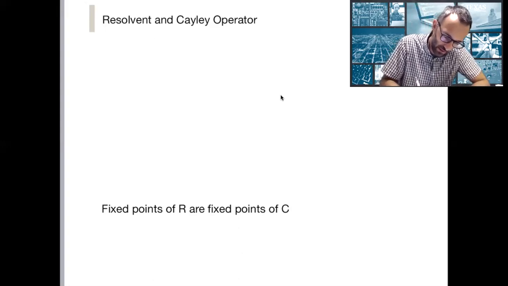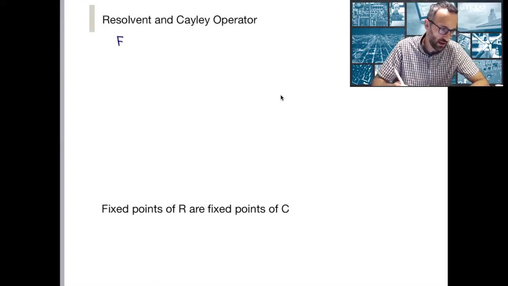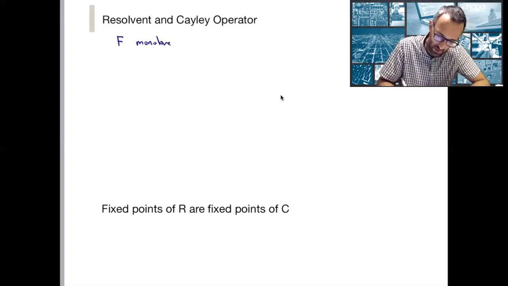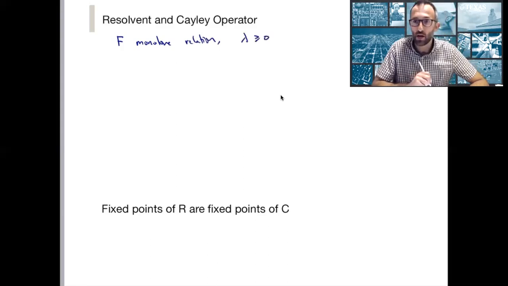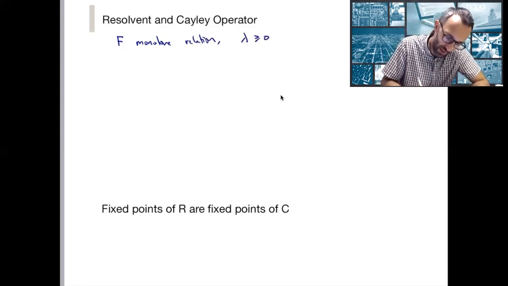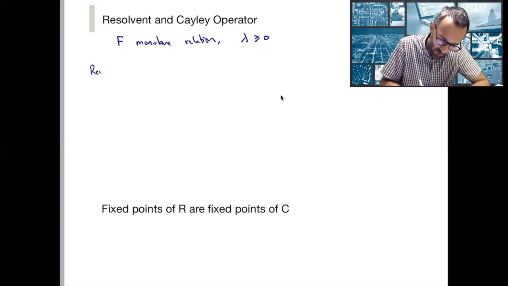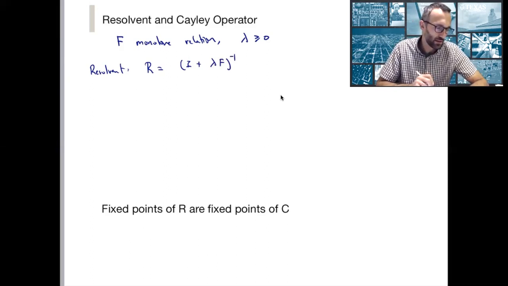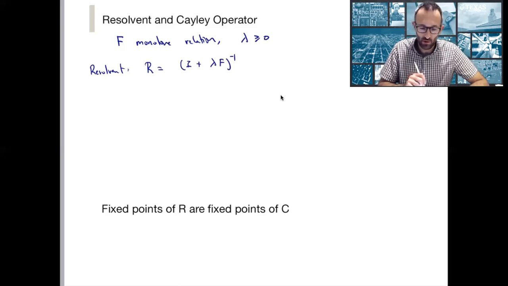So let F be a monotone relation, and lambda be some non-negative value. Then the resolvent is what we just wrote down, and it's equal to I plus lambda f inverse. And if f is monotone and lambda is greater than or equal to 0, then R is non-expansive.